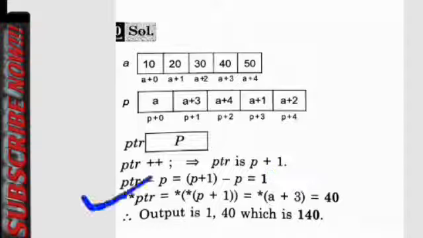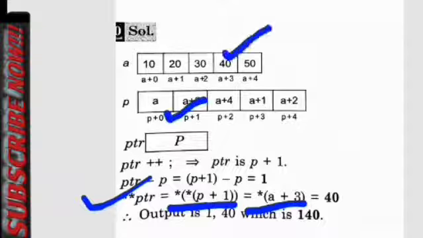Now come to the double star pointer, it is simplified like p plus 1, star of the whole star. So we get p plus 1, that is your a plus 3, and a plus 3 indicates the pointer of 40. So the answer is your 1 and 40.